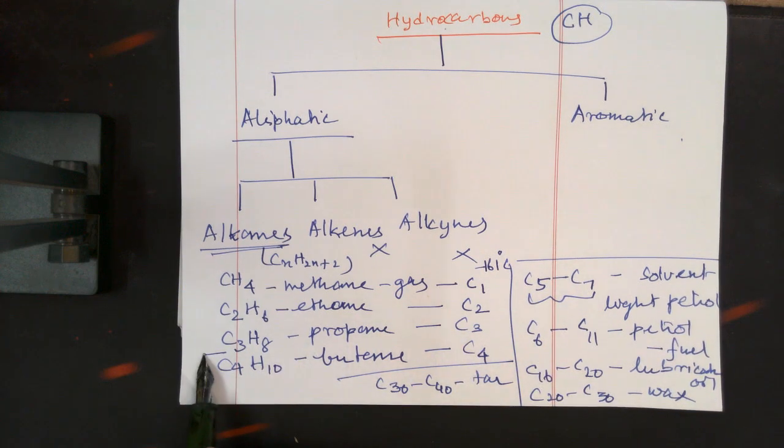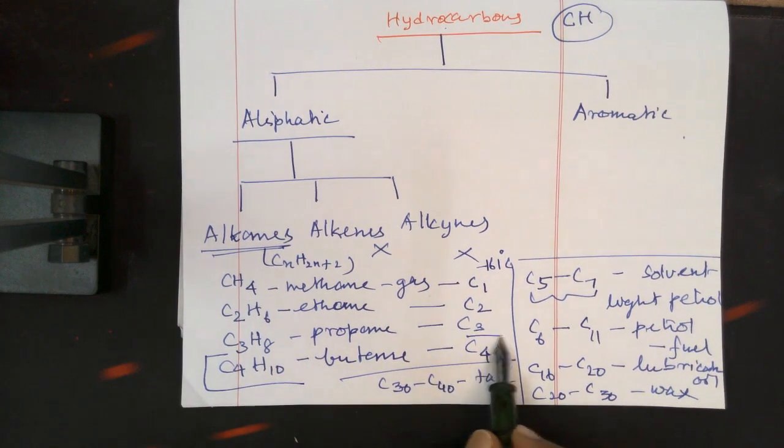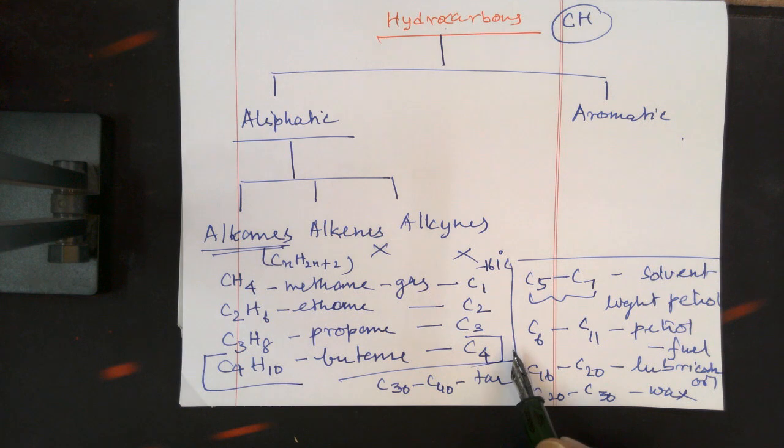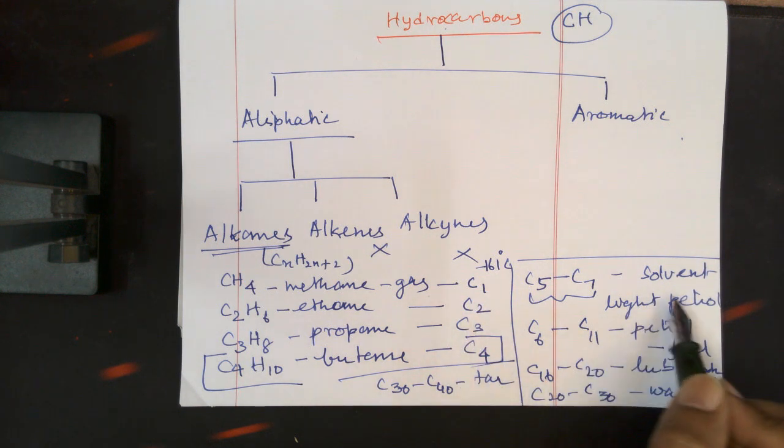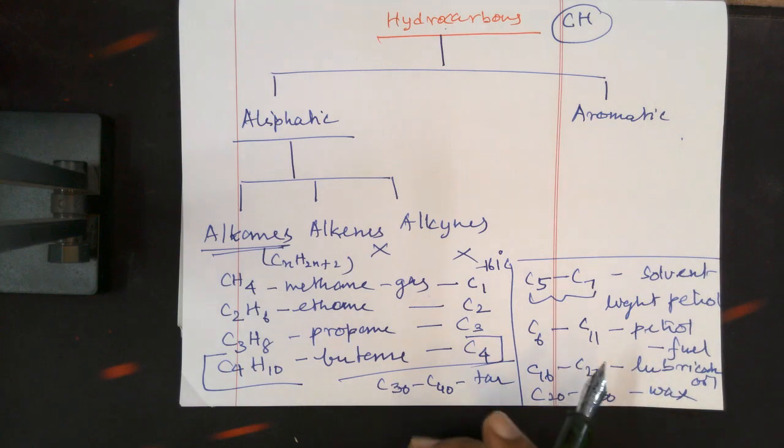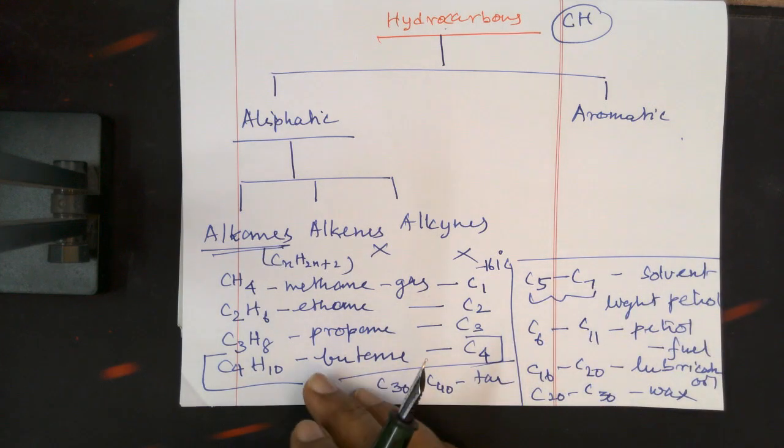And this butane is used for domestic purposes, and this is the domestic fuel gas. We call it gas, Indian gas, Bharat gas, etc. So this is the gas used in the fuel. This is also gas. So with the increase of carbon atoms, what happens here? The boiling point increases.